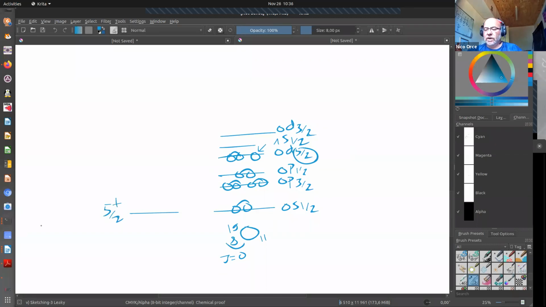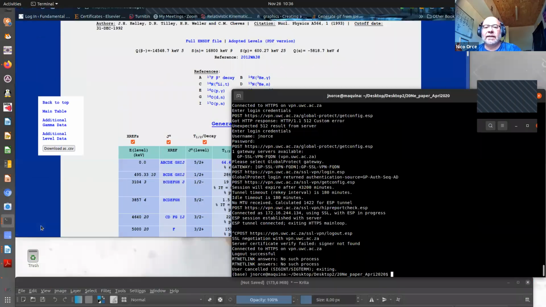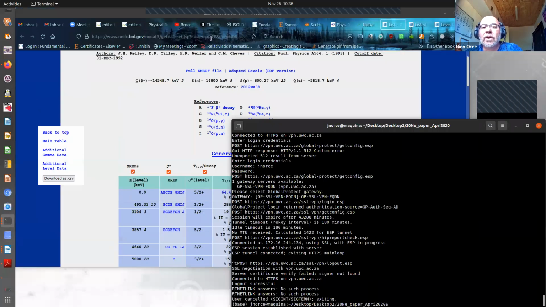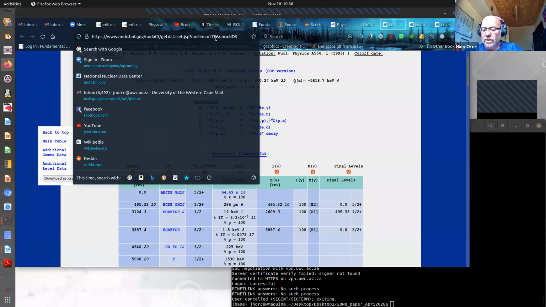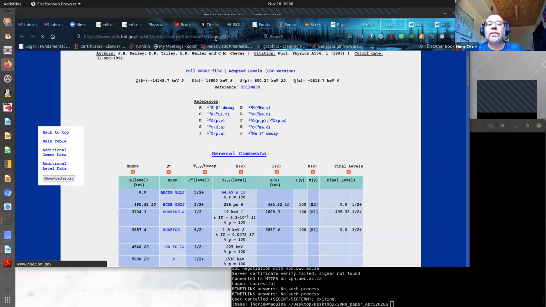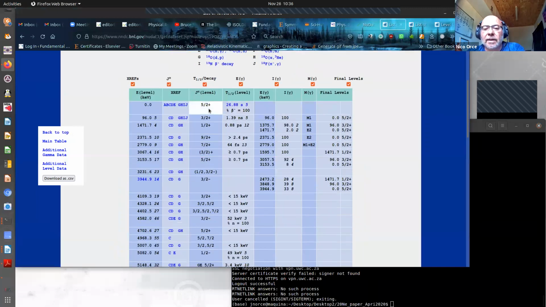Let's look at it, because we don't trust anything until we compare with data. Here we go, we put here oxygen 19, and let's see what happened. Oxygen 19 again, 5/2 plus, boom, done. The next level actually is a 3/2 plus, and the next one is 1/2 plus.